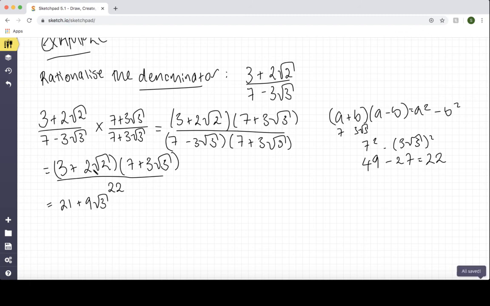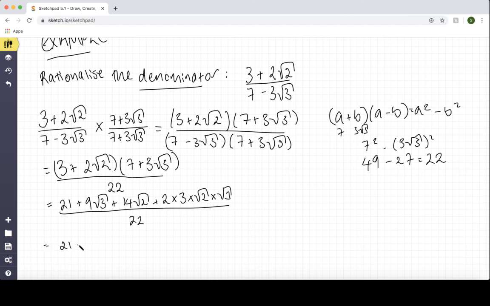Inner, 2 times the square root of 2 times 7, it's going to be plus 14 times the square root of 2. And then we have 2 times the square root of 2 times 3 times the square root of 3. Let's just write that out. We can swap the order, so I'm going to write it as 2 times 3 times the square root of 2 times the square root of 3. This is all over 22.